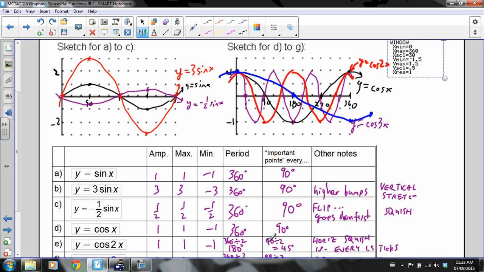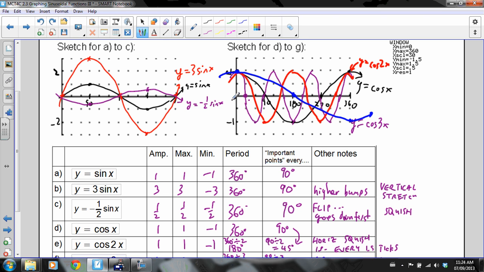Notice, and this is really hard to see on the graph, but it makes sense logically. If the period was cut in half, then the important points, which happened every 3 ticks or every 90 degrees on the normal graph, also got cut in half. So that means on this red graph, the important point should happen every 45 degrees. Well, how much is 45 degrees?